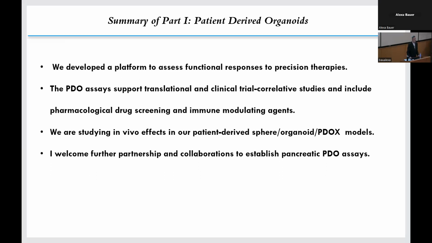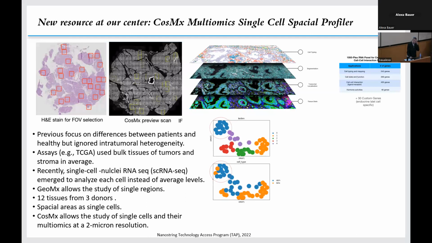It's work in collaboration with Marco Del Chiaro at the surgery branch. So I'm very excited about this potential, and I look forward to even reproducing this with many other tumor types and with many of you at CU.